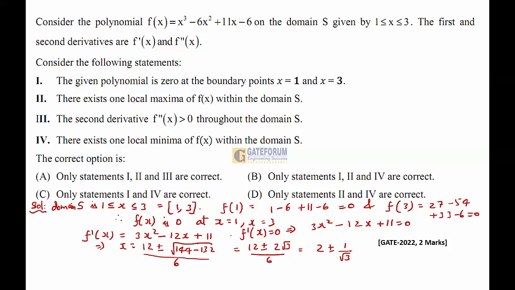So 2 minus 1 by root 3 and 2 plus 1 by root 3 both belong to the given domain S. So finally, x is equal to 2 plus 1 by root 3, 2 minus 1 by root 3 belong to the given domain S, the stationary points.